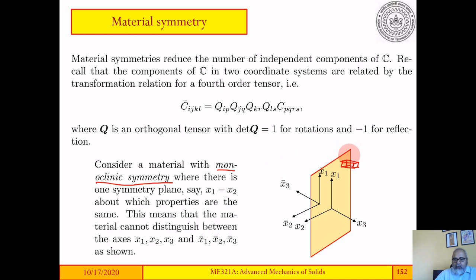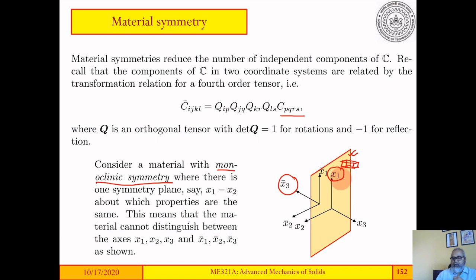What we see is that there's this one plane of symmetry about which, if I take an axis x1, x2, x3, or take an axis x1 bar, x2 bar, x3 bar, I will not be able to distinguish between the two, because this is a plane of symmetry, which means that when I transform my constitutive matrix, the Hooke's law, Cijkl, from this coordinate system, my old coordinate system, to a new coordinate system, I should get the same constants, because I should not be able to distinguish between the sets of constants if I make a reflection transformation about a plane of symmetry.